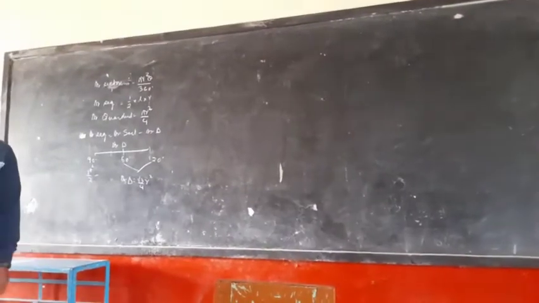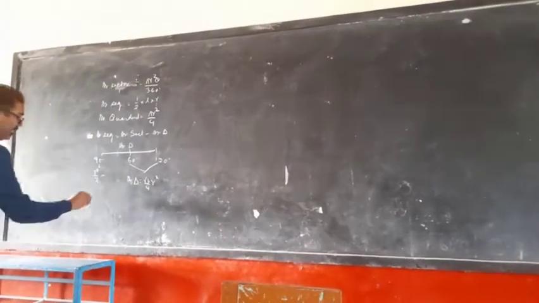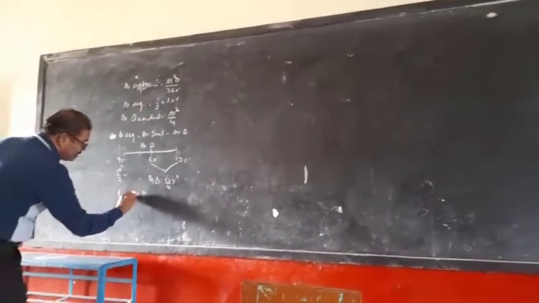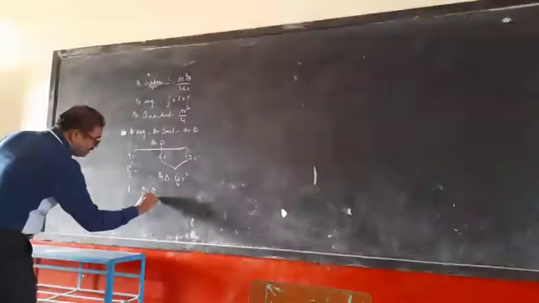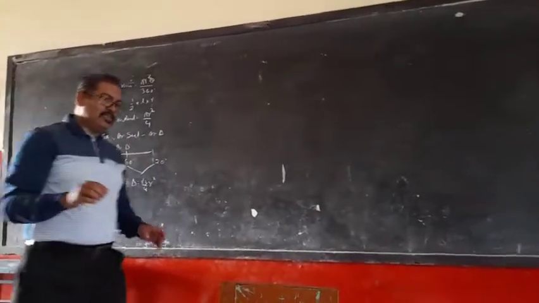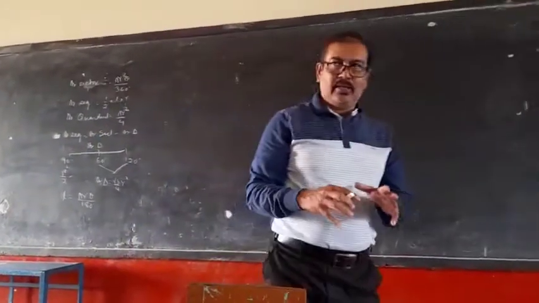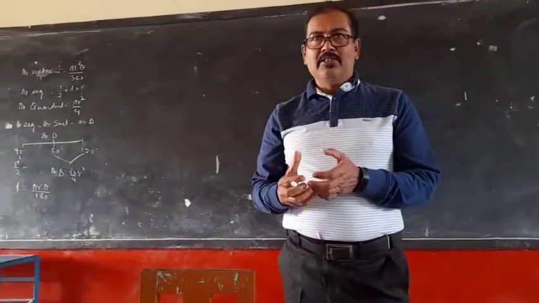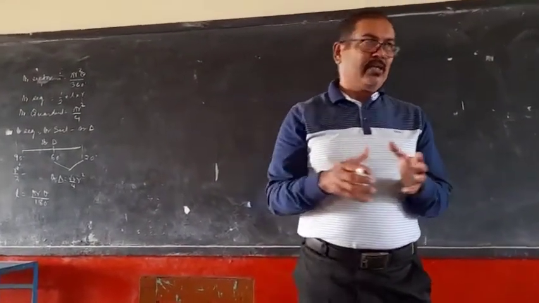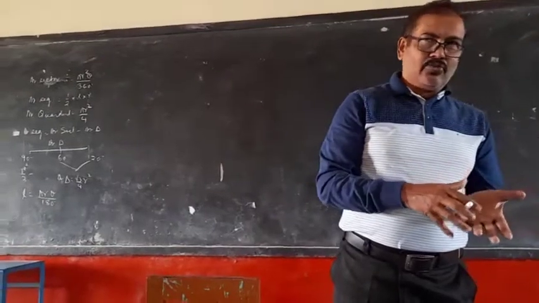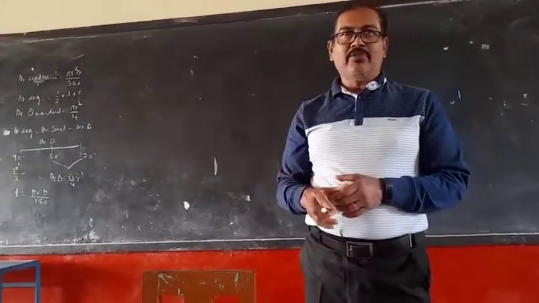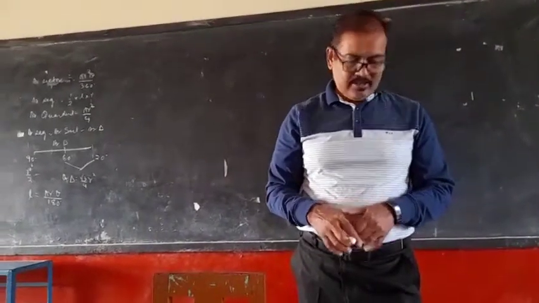One more formula we have studied, that the length of arc is equal to pi r theta upon 180. So in this exercise you will get some combined figures in which you have to tackle the area of square, area of triangle, area of sector, and in each case find the area of the shaded region.